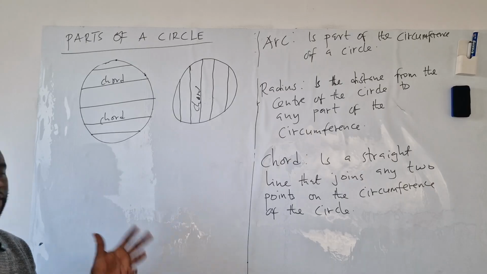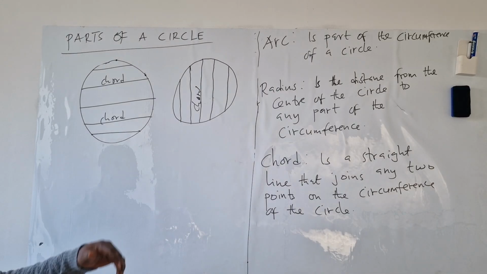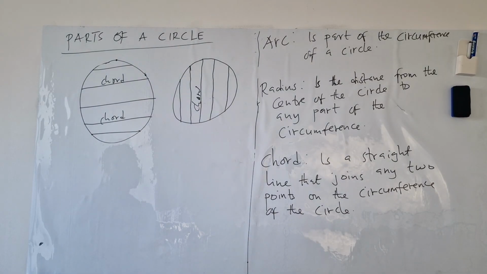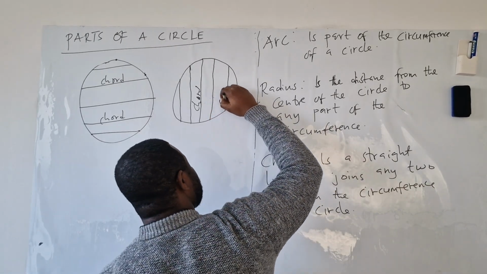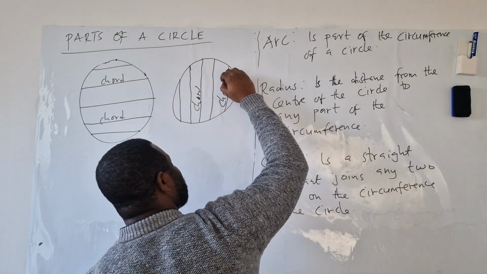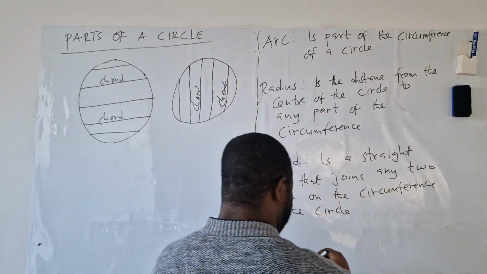So a straight line that joins any 2 points in the circumference of a circle is called a chord. So these are all chords. These are all chords, right? Good.